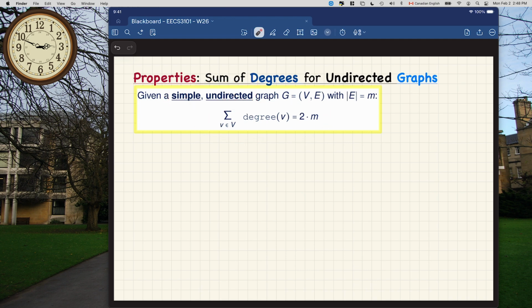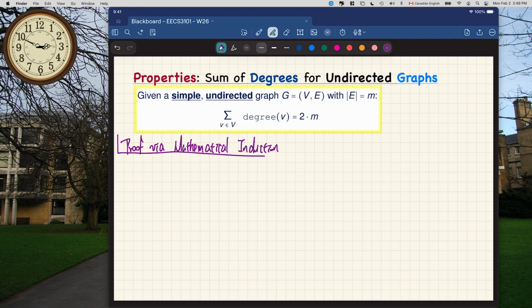And we're going to use mathematical induction, and we're going to see all the 3 steps.